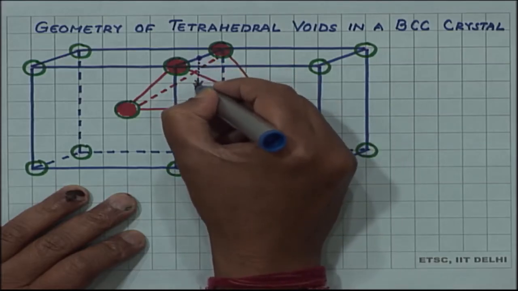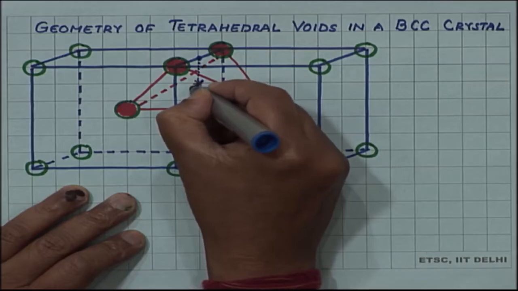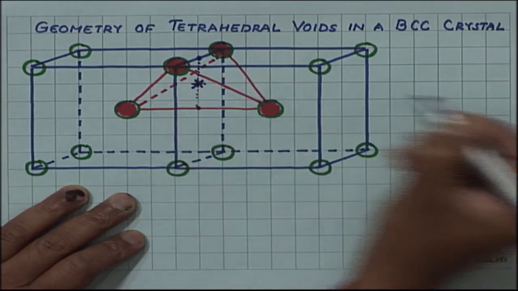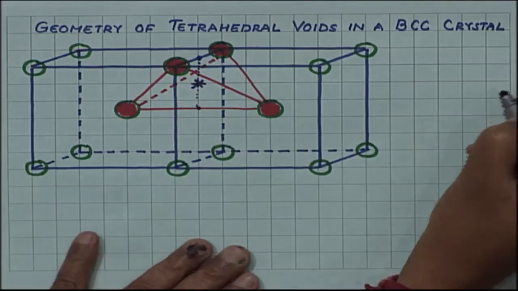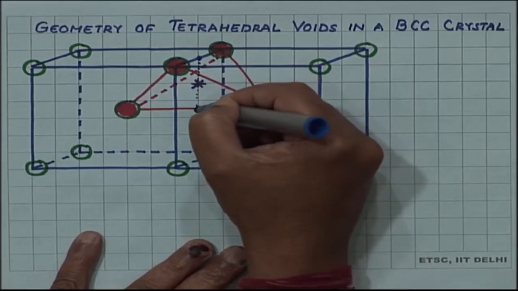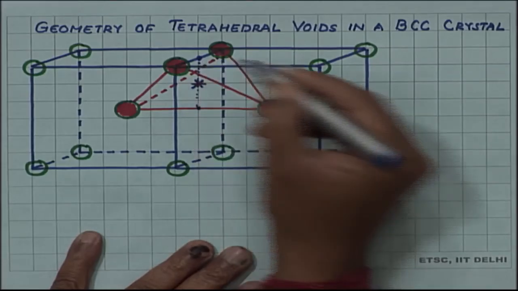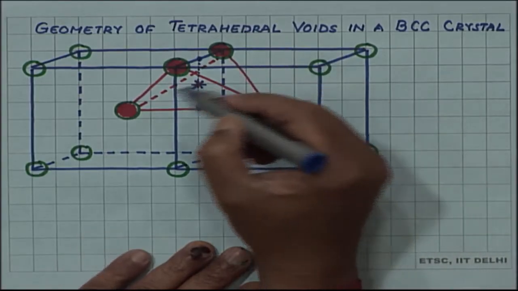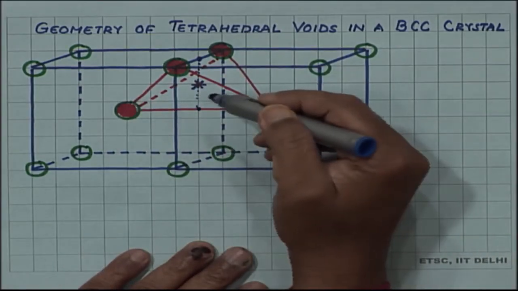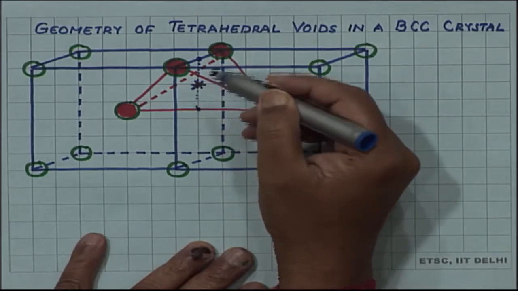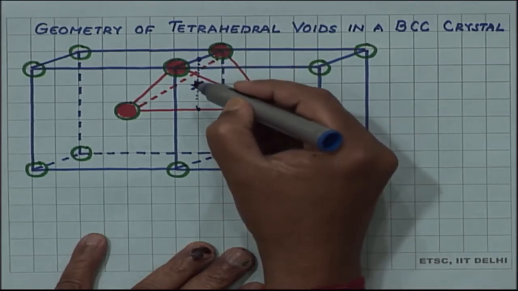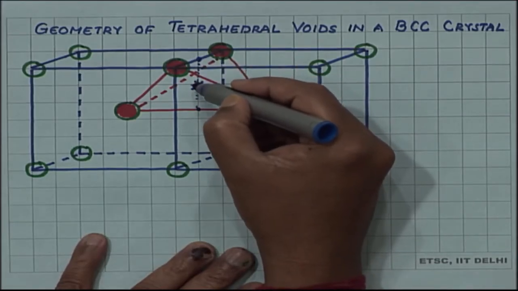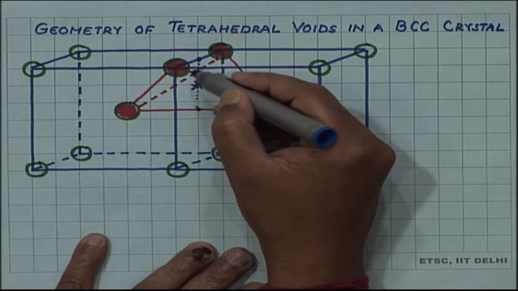The centroid of the tetrahedron is located here, which is the midpoint of the face center and edge center on any given face. So, we can say that the tetrahedron is located on the faces with the centroid at the midpoint of face center and edge center.